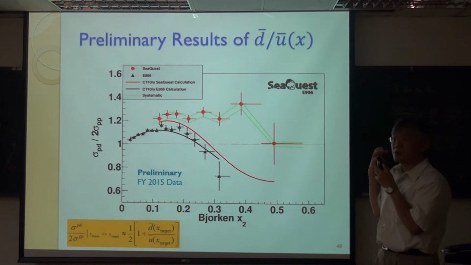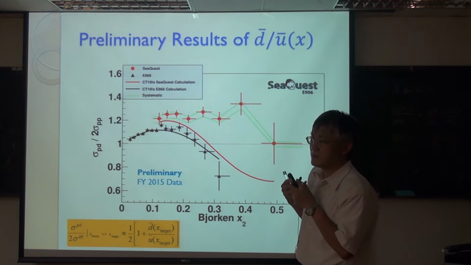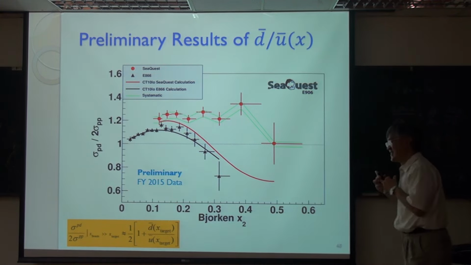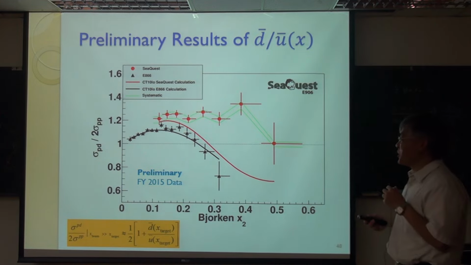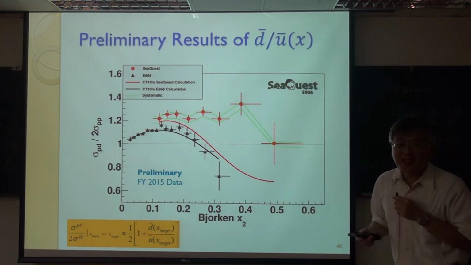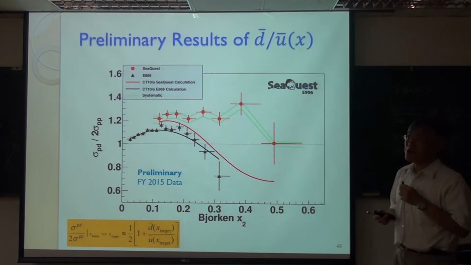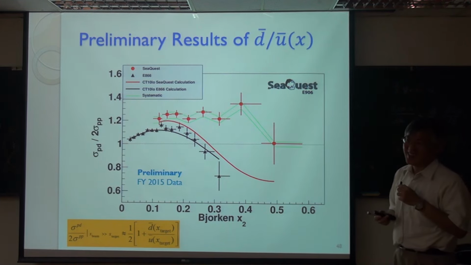So everything gets shipped. So the target is the same, similar or not? Because it's a liquid target that can be totally different. Okay, wow. This is a very good question. Right now, I think the biggest systematic we have to pin down is actually how pure our deuterium target is.